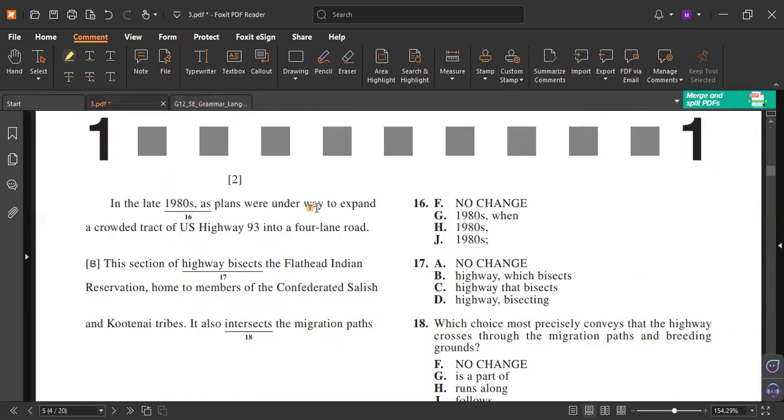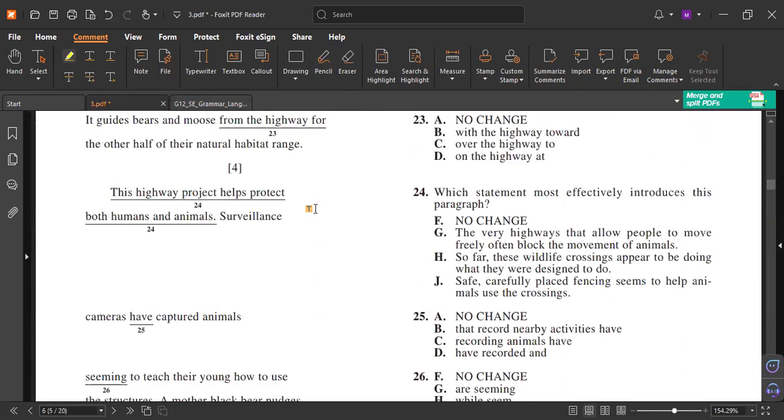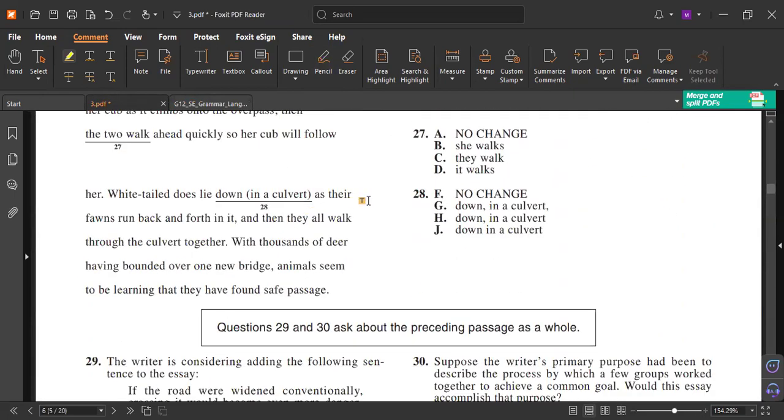Now we need to look for examples in any passage in the reading test and find all the examples. Let me help. Phrase, preposition phrase. Of dear, look, of dear having a pound over.